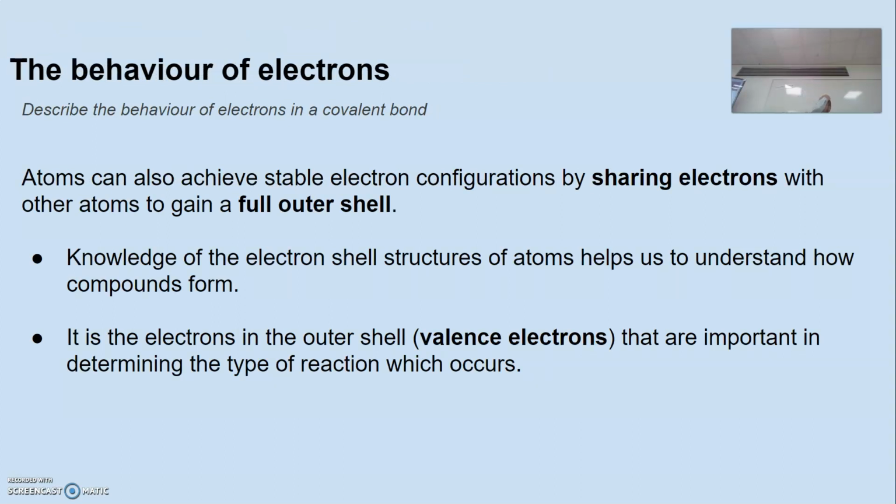If we want to describe the behavior of electrons in metallic bonding, we have that cloud, or sea of electrons, right, that float around the metal cations and holds the metal together. In ionic bonding, we've got that transfer of electrons, the donation and acceptance. In covalent bonds, it's the sharing of electrons, right?